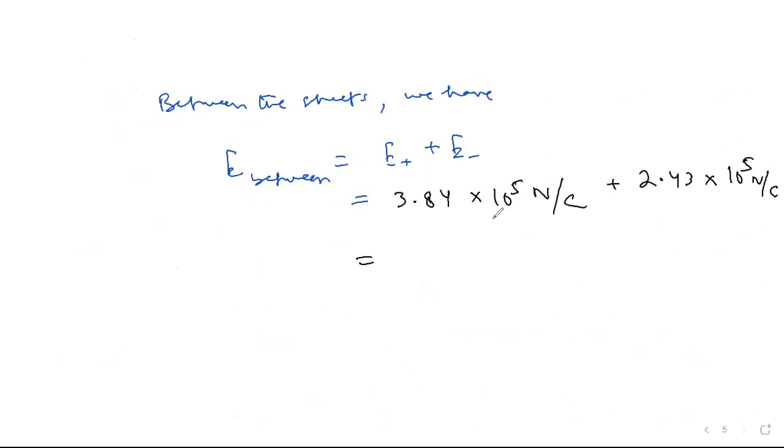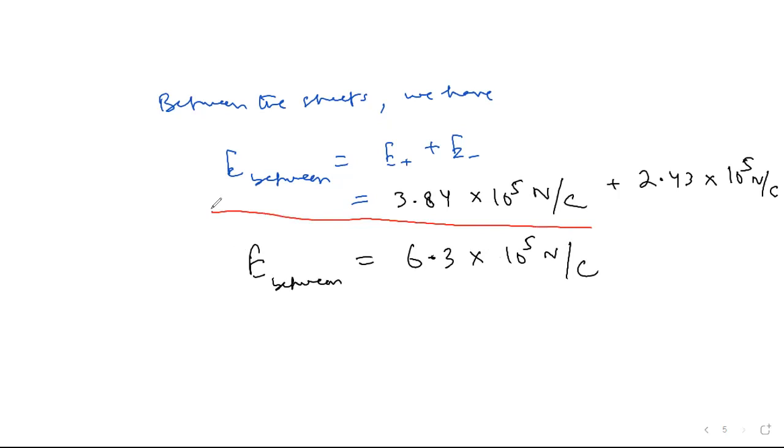When you add them, it is 6.3 into 10 raised to the power 5 Newton per Coulomb. This is our E between or E center. Let me encircle it. 6.3 into 10 raised to the power 5 Newton per Coulomb. Since it is positive, it is pointing to the right in the positive direction of E, right? Check the calculation.